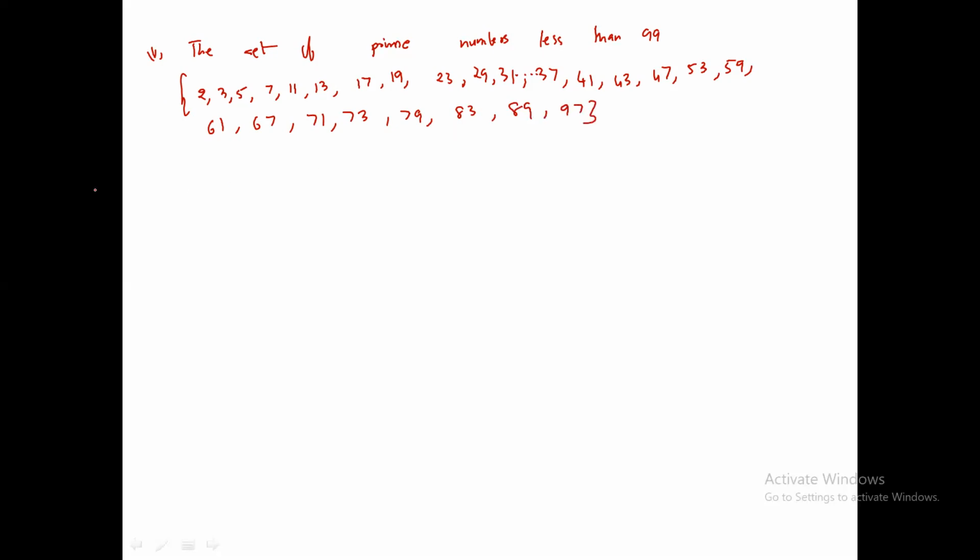Even though it is difficult to write, difficult to count, still you can write it and still you call it a finite set because it stopped, it is not continuing. That's what I'm telling about finite set and infinite set.